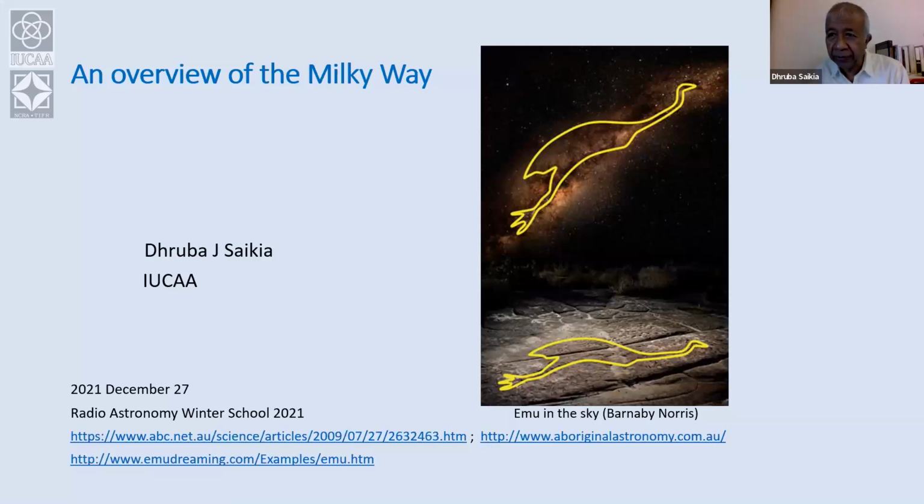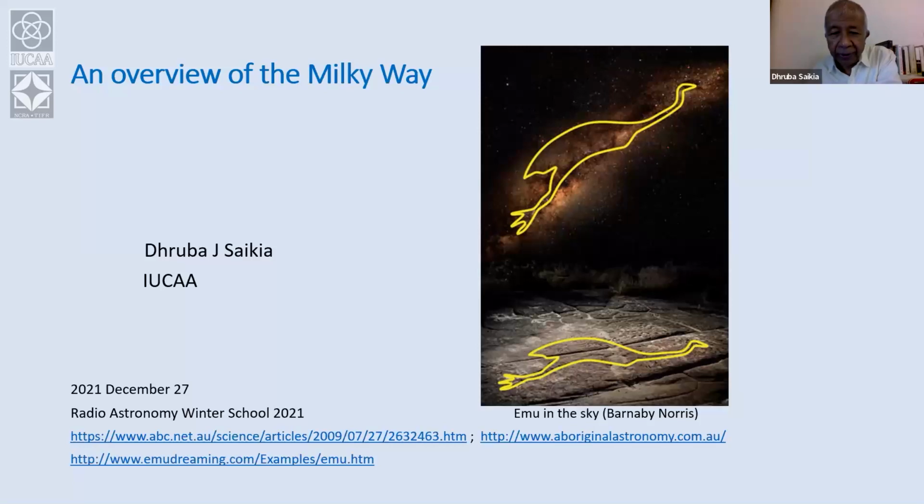This morning, we'll start off by getting an overview of the Milky Way, which is our own galaxy. And this first slide just illustrates to you that the Milky Way is something which has been familiar to ancient civilizations. This is an aboriginal drawing which is shown along with a visible region of the Milky Way from the southern hemisphere.